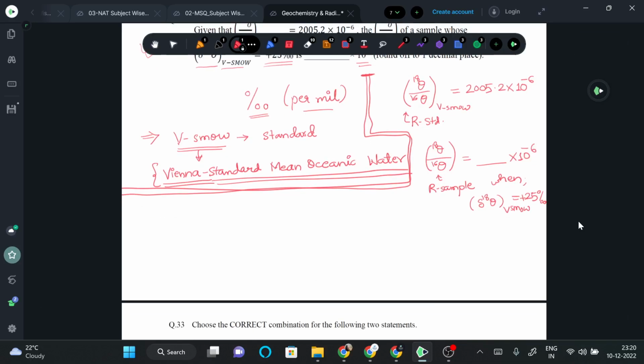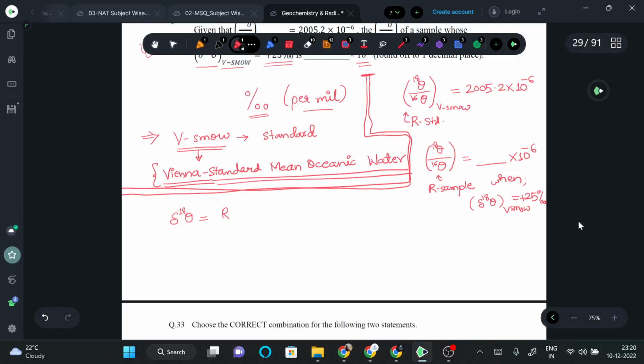What is the formula for delta O18? Has anyone gone through all these parts? It's the value of O18 by O16 in the sample minus O18 by O16 in the standard, divided by the standard. We have written O18 by O16 in the standard as R standard, and in the sample as R sample.